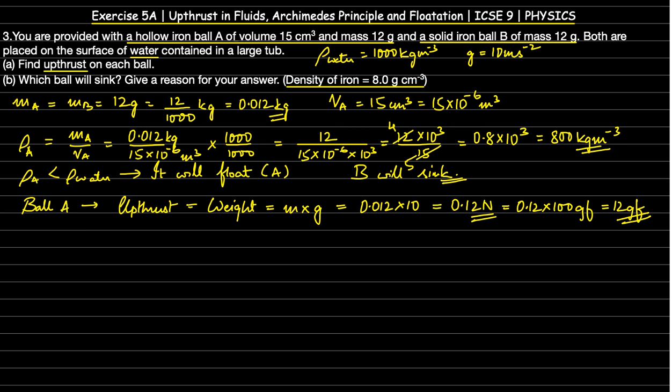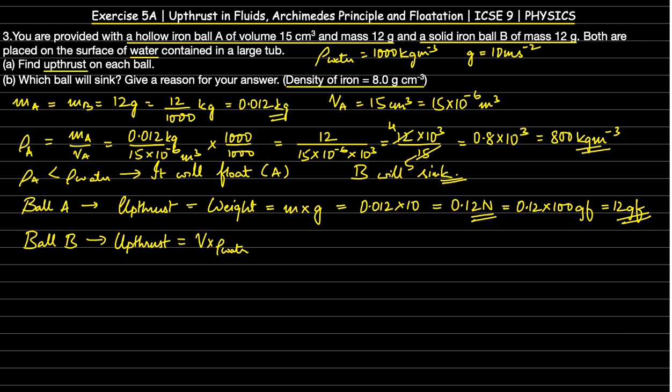Now coming to ball B, since it sinks, we already know that it sinks. So coming to ball B, for upthrust we will use the formula upthrust is equal to V into density of water into acceleration due to gravity.